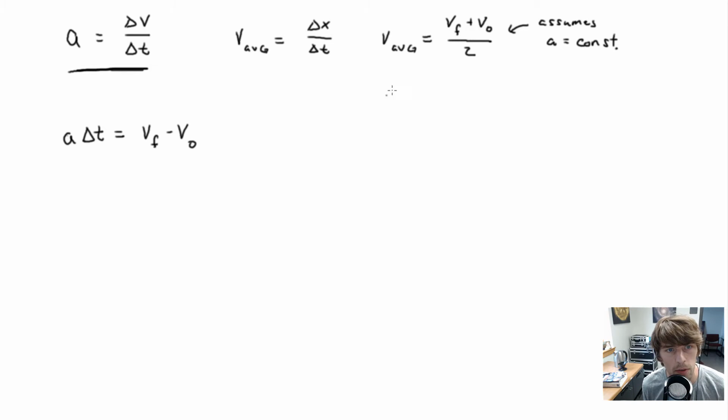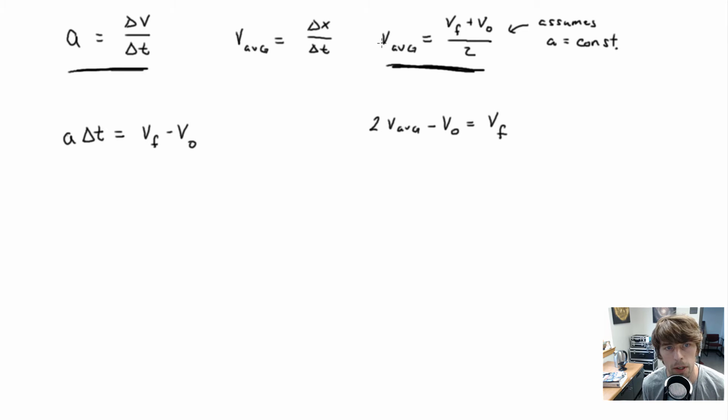The first thing you notice is that I have another equation given by the arithmetic average that contains v final. So I'm going to take this equation and solve for v final, step 1. I get 2 v average minus v naught is equal to v final.